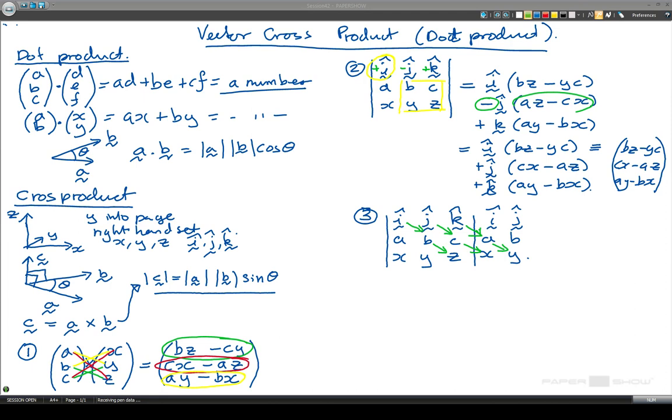And so we add i hat bz, j hat cx, and k hat ay, and then we subtract. So we'll change the color for subtraction.